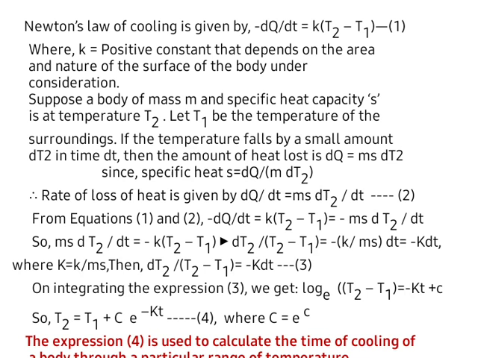Consider a body of mass m and specific heat capacity S at the temperature T2. Let T1 be the temperature of the surroundings. If the temperature falls by a small amount dT2 in the time interval dt, then the amount of heat energy lost is dQ, which is equal to m S dT2, since specific heat capacity S is equal to dQ by m dT2.